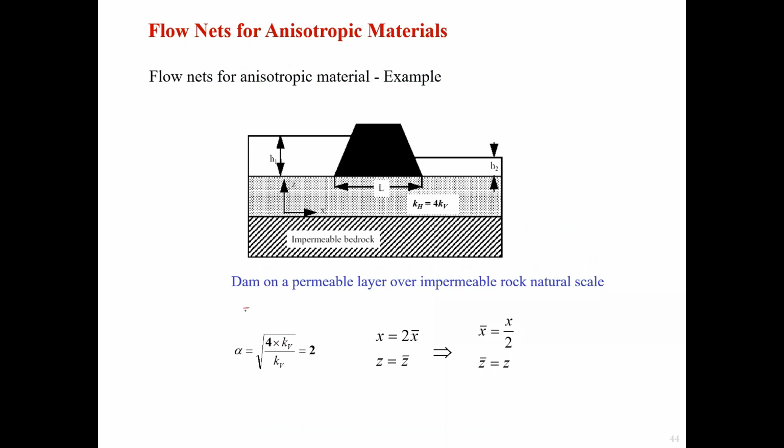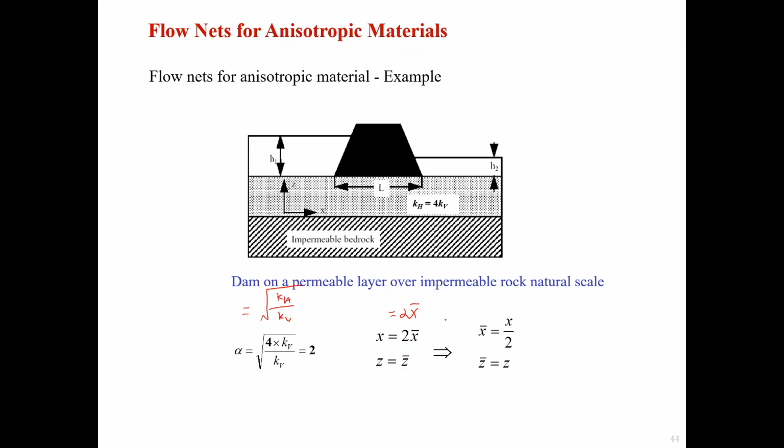Alpha is the square root of KH divided by KV. Because KH equals 4 KV, we can easily get alpha equals 2. And from the previous slides, x equals alpha x bar, so here x equals 2 times x bar and z equals z bar.